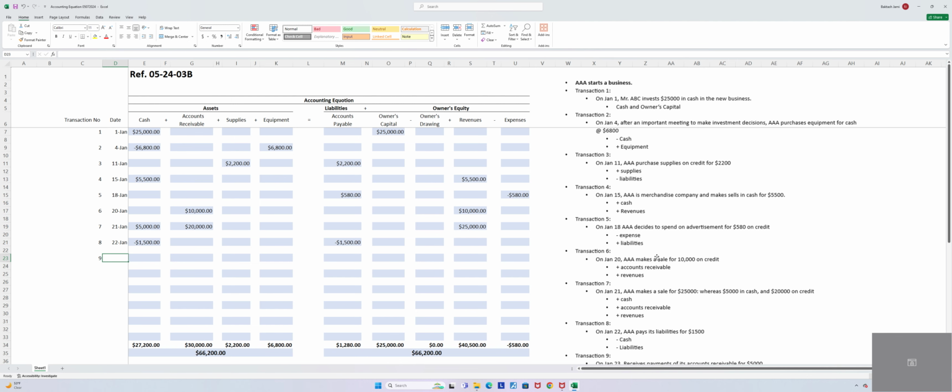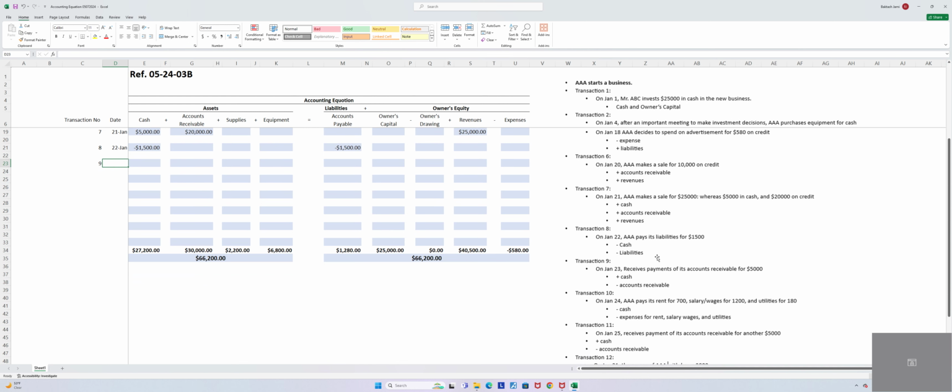Transaction number 9, let me go a bit up. Transaction number 9, it's on January 23. AAA receives payment for its accounts receivable for $5,000. You remember we made some sales, but we were not paid. So we receive now $5,000 in cash, and then our accounts receivable is also reduced by the same amount.